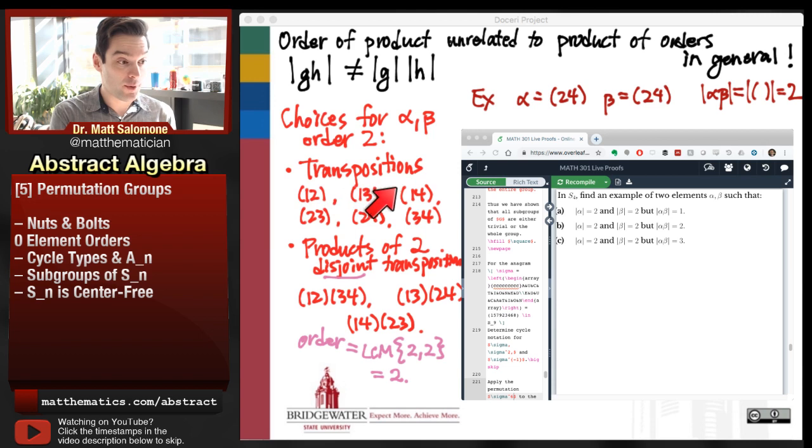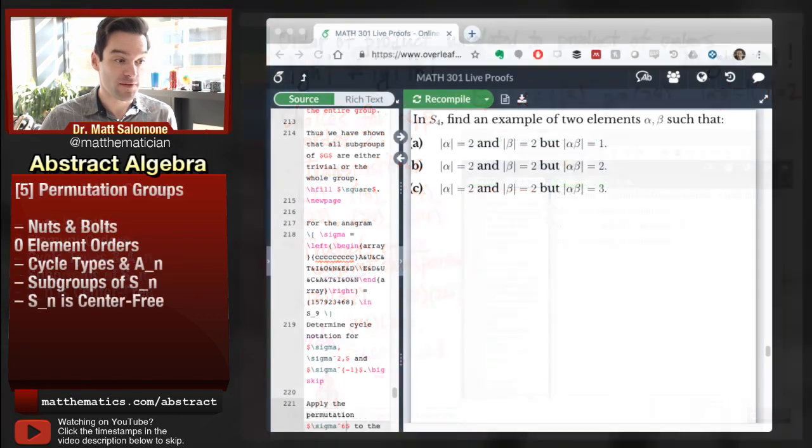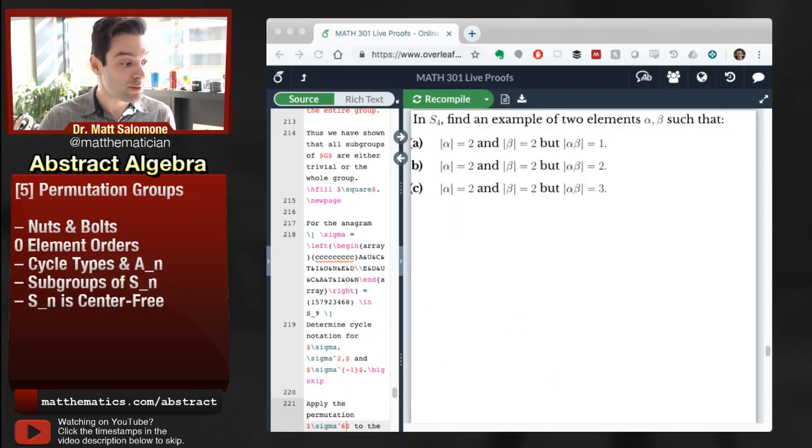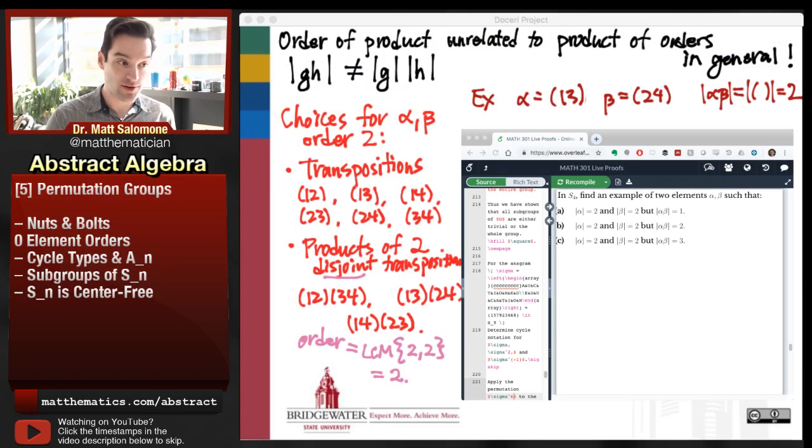If I take, for example, (1 3) and (2 4), and I compose them together, each one of them is an element of order 2. But when I compose (1 3) with (2 4), because they're disjoint, I get another element whose order is 2, the least common multiple of 2 with 2, because they're disjoint and therefore commute. So (1 3) and (2 4) provide us with an example of what's being looked for in part B, which is to find elements of order 2 whose product has order 2. Just 2 disjoint transpositions can do that.